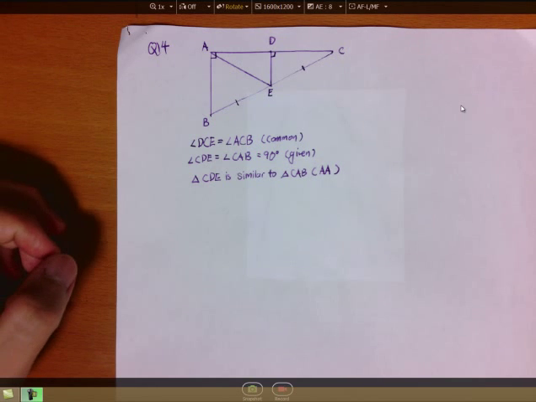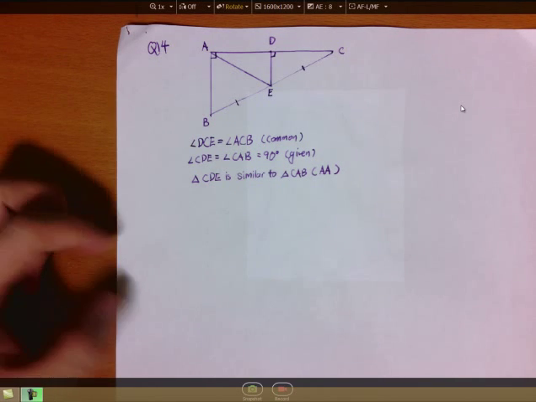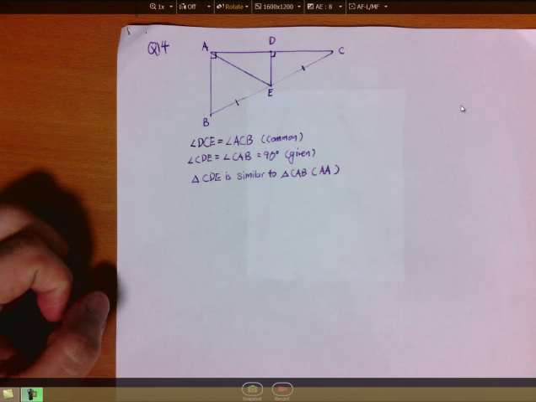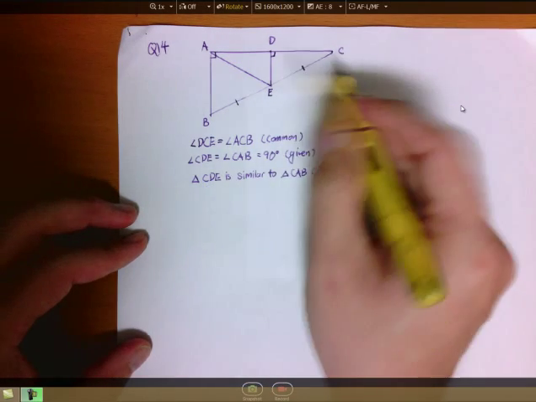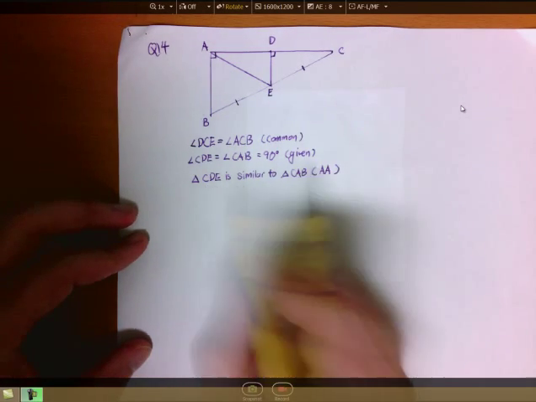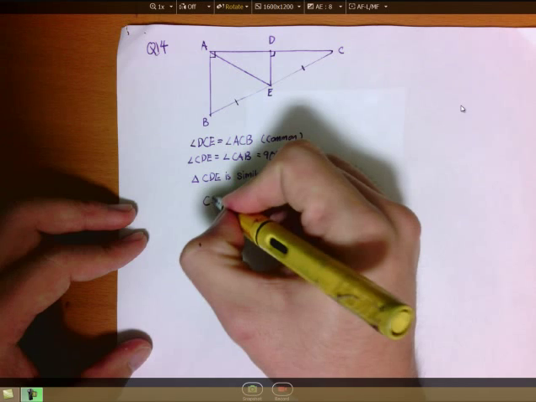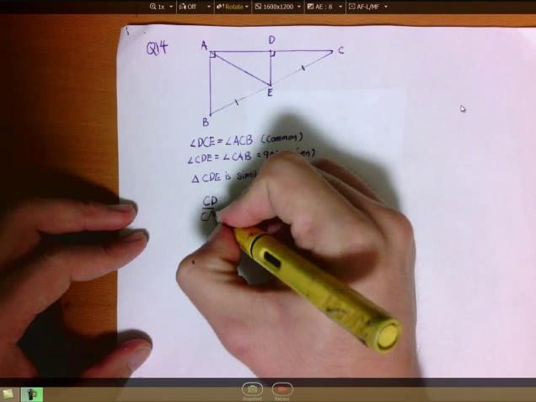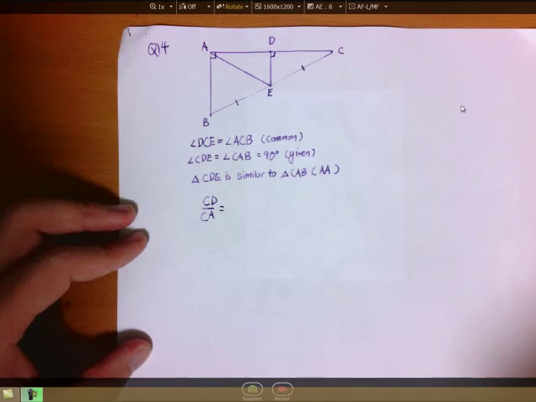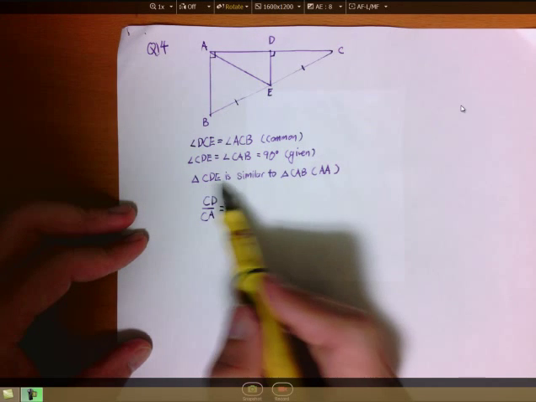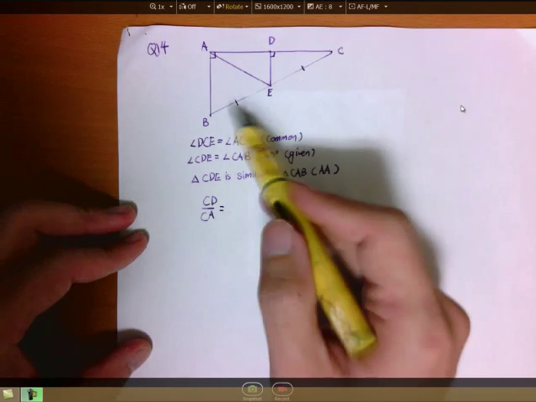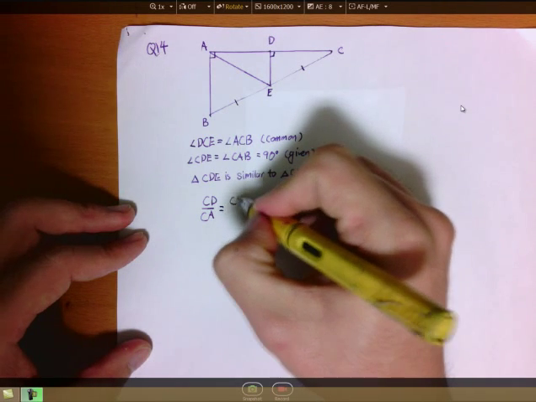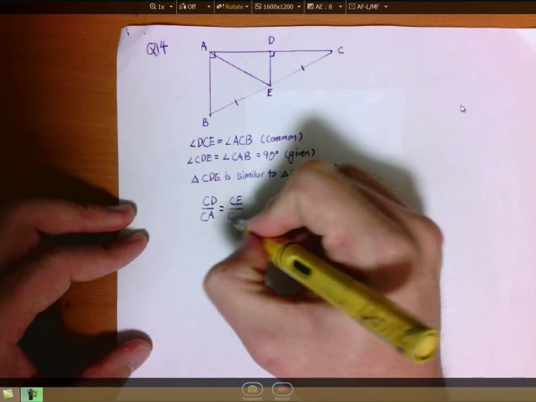Then I think about it for a while. If CDE is similar to triangle CAB, I will try to go for CD and CA. So I'll try CD over CA. And the other ratio that I will know will be CE over CB, because we have this ratio is 1:1. So I say that CE over CB.